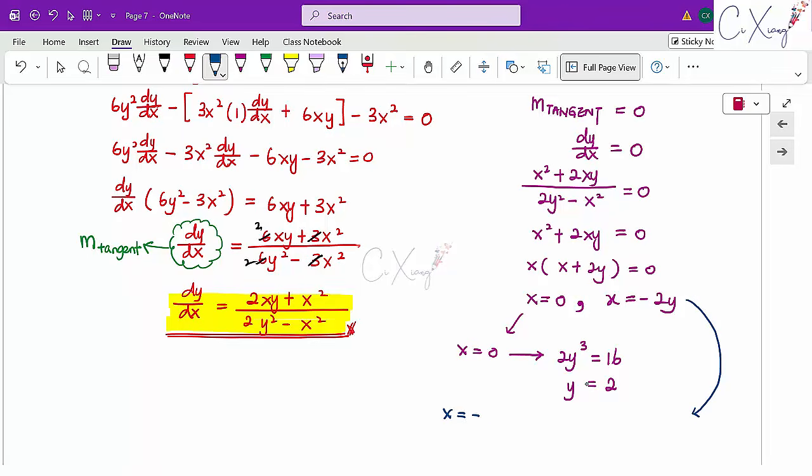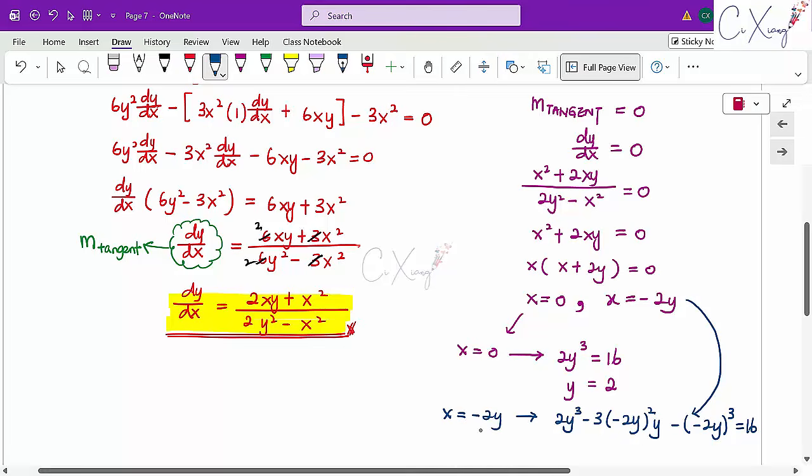So x equals negative 2y will give you the original equation of 2y cubed minus 3. Then your x is negative 2y, right? So 2y squared multiplied with y, then minus x cubed equals 16.